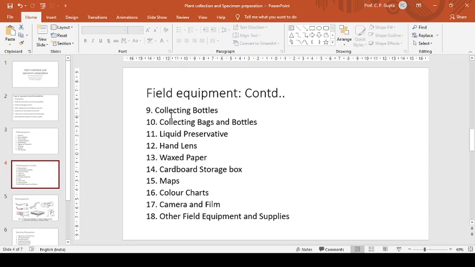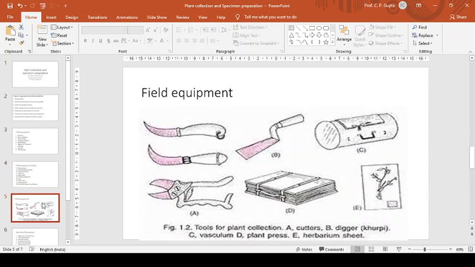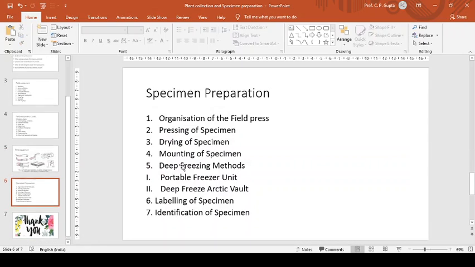So this is all about the field equipment which is very important. We see this is plant press, this is vasculum, this is digger, and these are cutters, and this is herbarium.